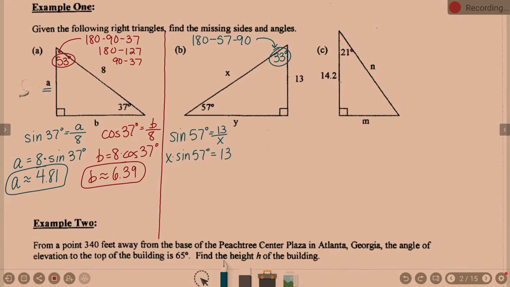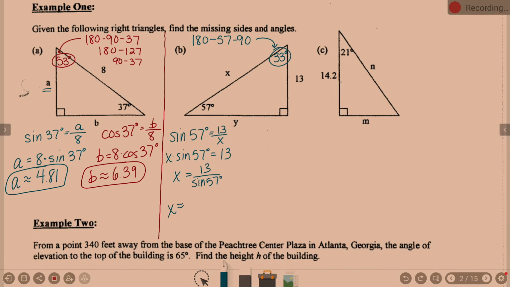But then how do I solve for x? If it's x times sine, then we're going to divide. And keep in mind, as I move that sine of 57 degrees, it is one amount. Sine and 57 are not separate things. You keep them together. So now we're doing 13 divided by sine of 57 degrees.